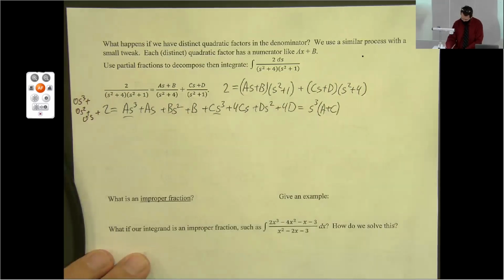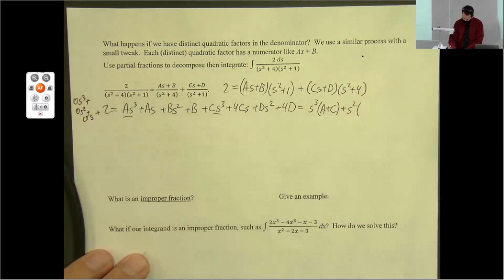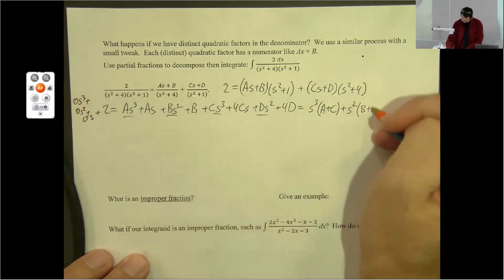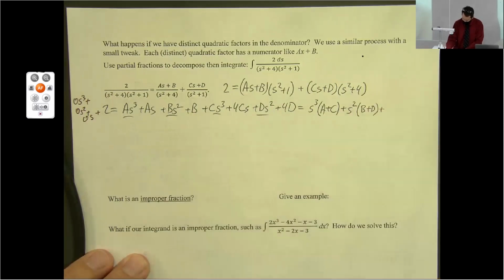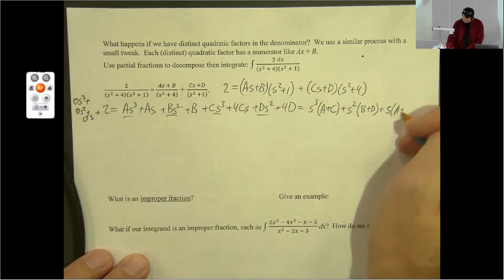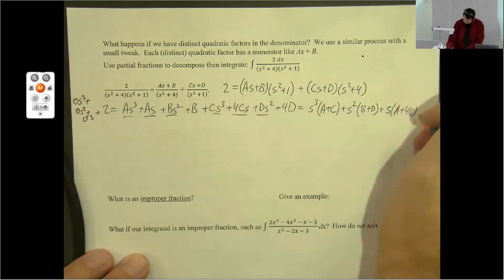All right. Any s squareds? Yeah, B and D. Okay. Any s's? Yes, A, C. A plus 4C. And finally, b plus 4d is our constant term.